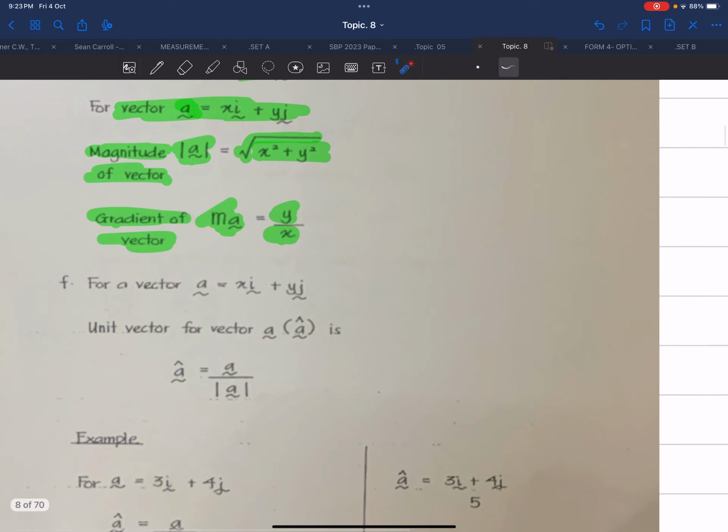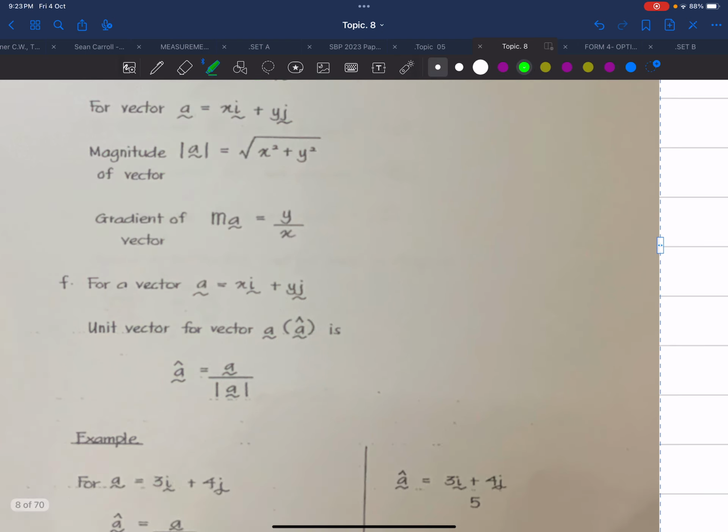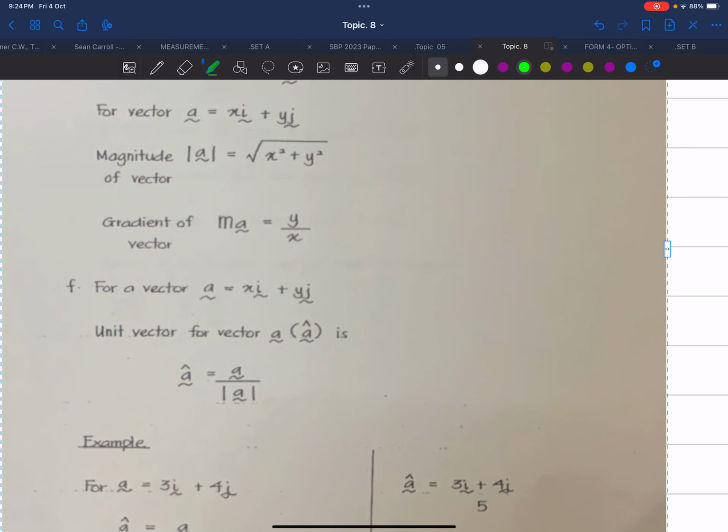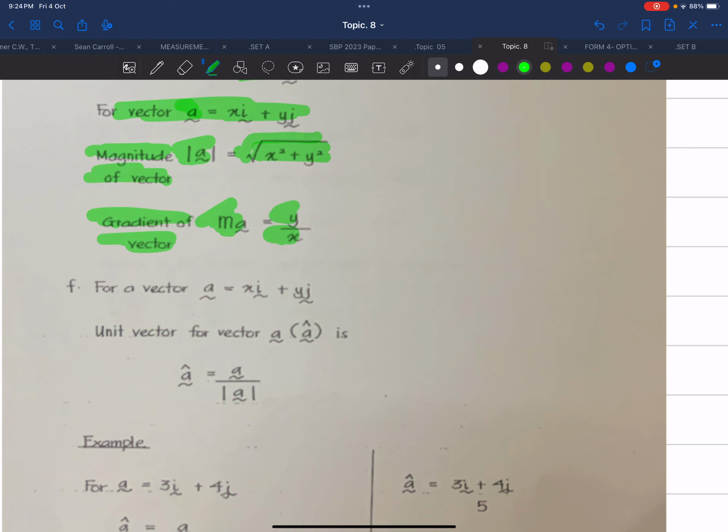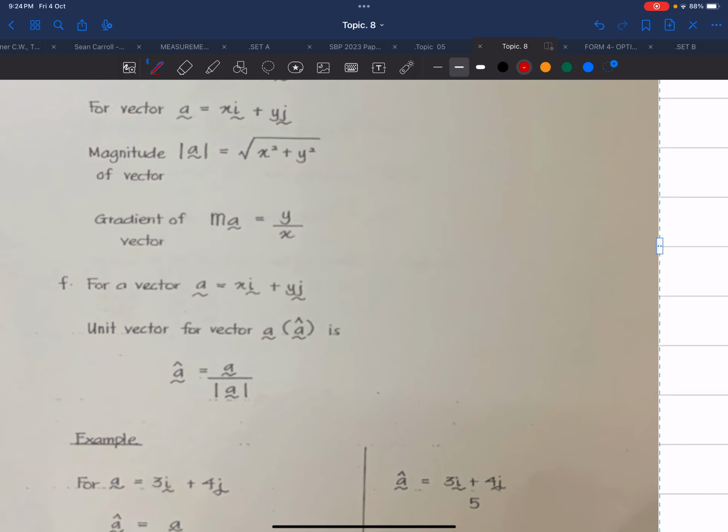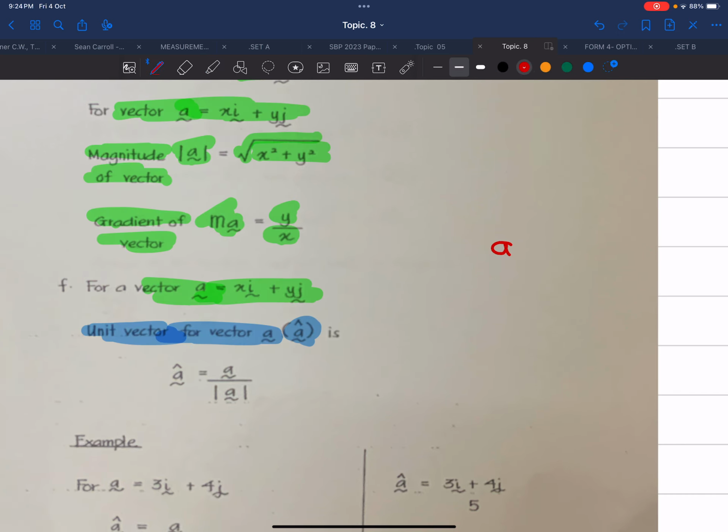Next, we look at a term called unit vector. For a vector A, xi plus yj, the unit vector for the vector A is labeled as A hat. This is A, and this is called a hat. I'm just trying to tell you the symbol.